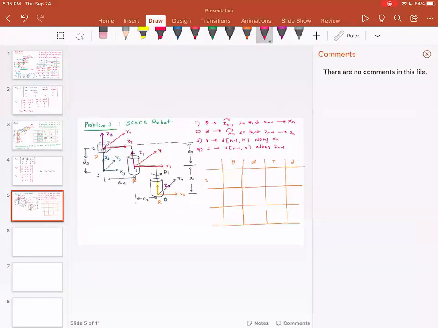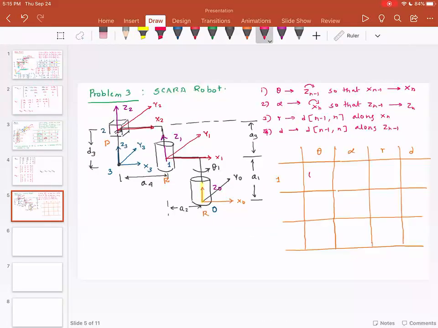So the joint variable is theta 1, so this is 0 plus theta 1. Alpha is the rotation about X1 so that Z1 and Z0 are aligned. But please note they are already aligned.